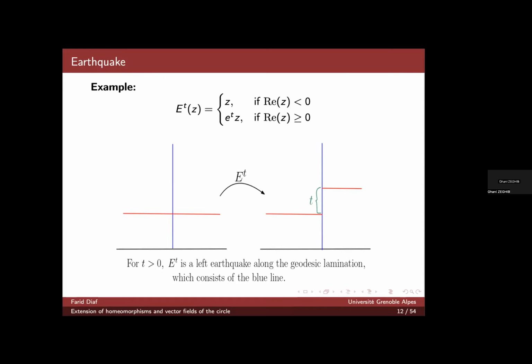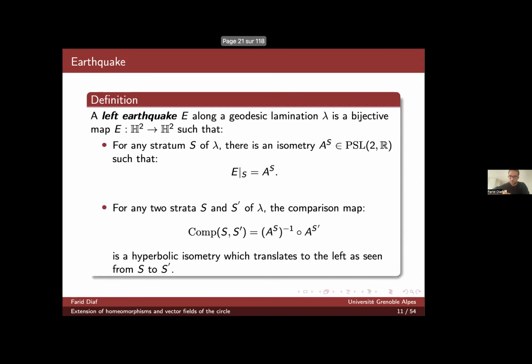I mean, why are we not starting with any transformation of the circle, not necessarily continuous, and asking if it can be extended by something? We are restricting ourselves only to homeomorphisms of the circle because this is a necessary condition. If you start from an earthquake just by this definition, then you can prove that it extends to S1 as an orientation preserving homeomorphism. Okay. So you cannot relax this condition.